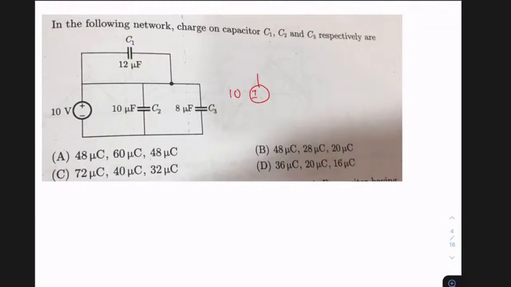This is your 10. So this is your 8 microfarad, this is your 10, and this is your 12 microfarad.